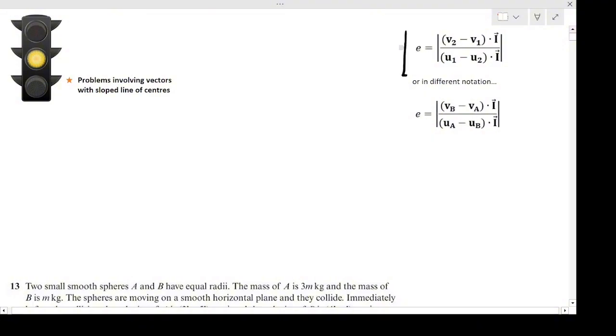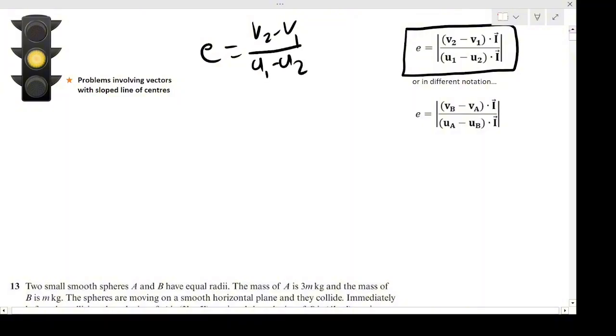So again, there's a nice little formula we can use to work out restitution in this case, okay? And you can see it's pretty analogous to the standard restitution formula, which is just V2 take away V1 over U1 take away U2, okay? So there we are.